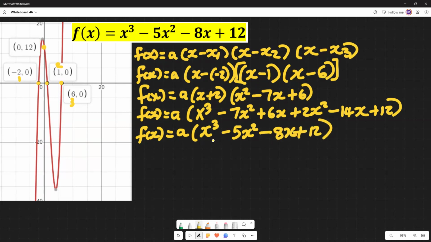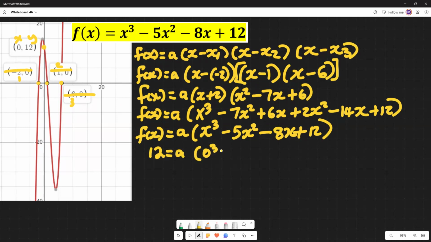And it gets exciting because this one here is exactly there. We just need to show that the a value is 1. Remember, we already used this point, that point, and that point. We cannot use them again when we need to substitute a point. Remember, a is just one unknown. You can get it by substituting a point. So I'm going to substitute this point. My y is 12 equals a, x is 0.